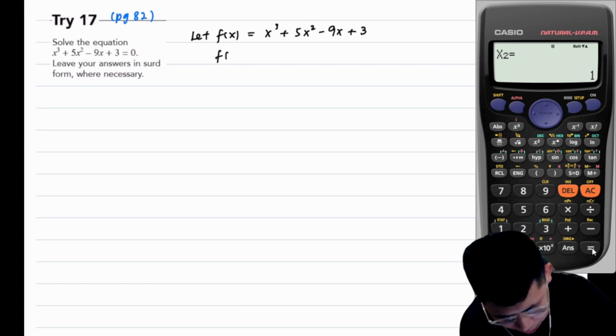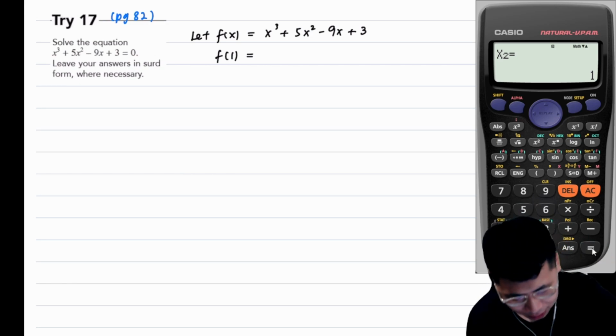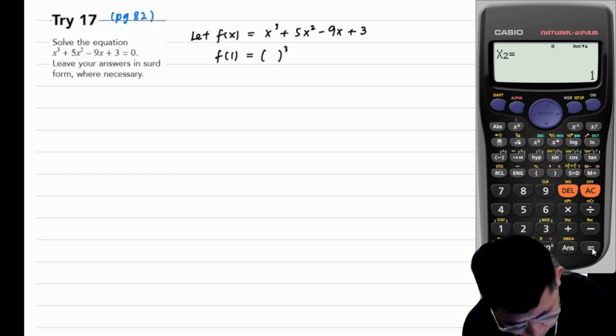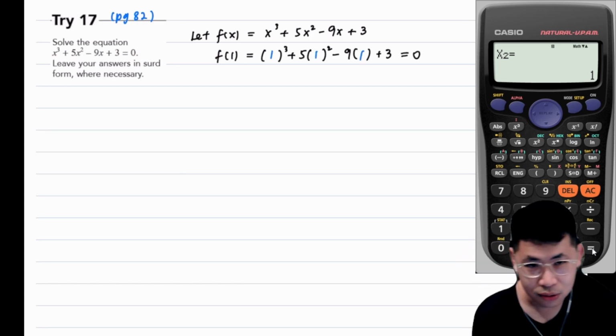So let me sub in 1, and same thing, guess and check. Here 1 cubed plus 5 times 1 squared minus 9 times 1 plus 3. Put in 1, put in 1, put in 1. Indeed, it's going to give us 0.